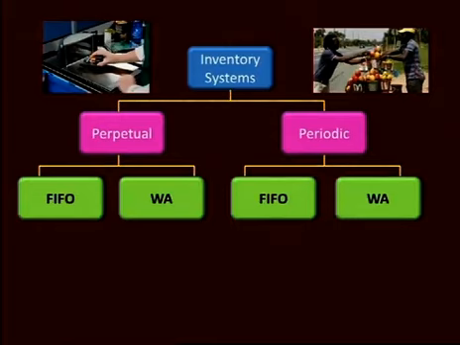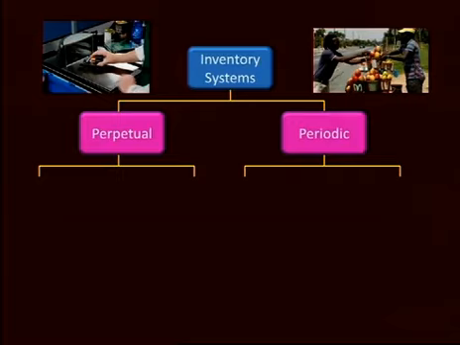Both systems will do a stock count at year end. The perpetual system will do a stock count to calculate trading stock deficit. In other words, they will have accounting records, and the accounting records will say we have 50,000 rands worth of stock, and then they send people in, and those people go and count.